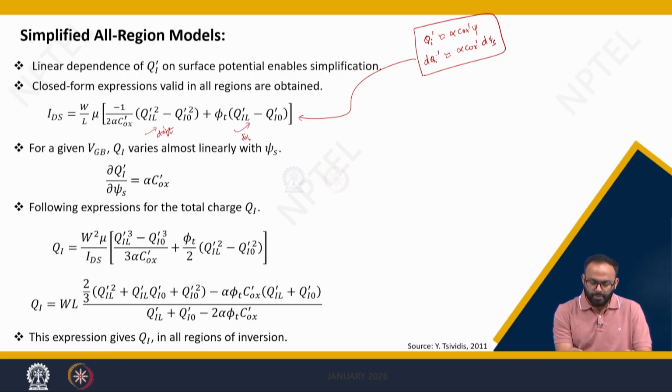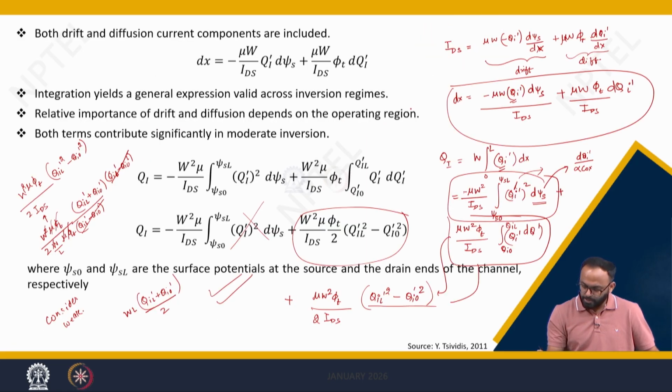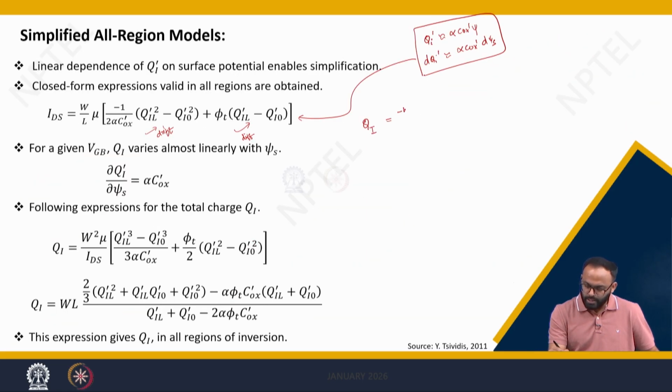and this was the diffusion component. Now to solve for a complete Qi, I can simply rewrite this expression again with minus mu W square divided by I ds, integration of minus Qi dash, so plus Qi dash, I have taken minus out. Instead of d psi, I can rewrite as dQ dash, and I need to divide by this alpha into Cox term.